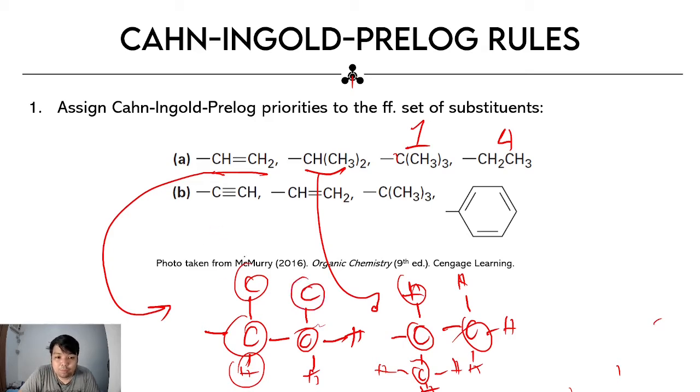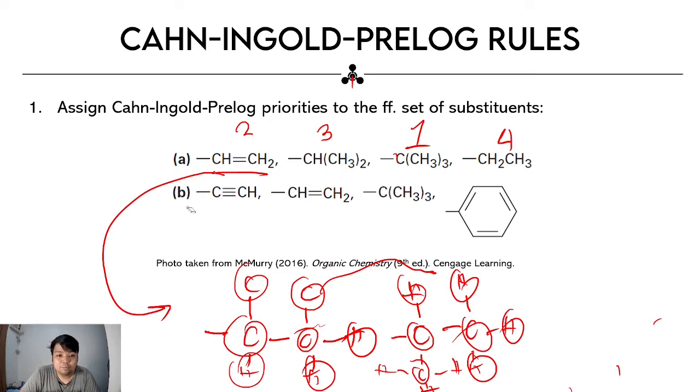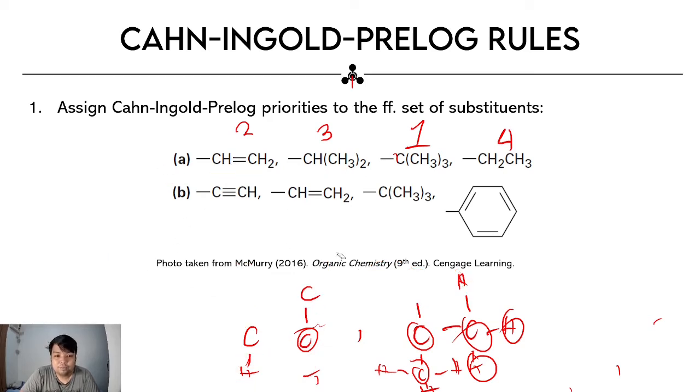So we have carbon, hydrogen, and hydrogen here, while this is hydrogen, hydrogen, and hydrogen here. Since we already have a difference here, and carbon is a higher priority than hydrogen, therefore this will be our number 2 and this will be our number 3. Okay?